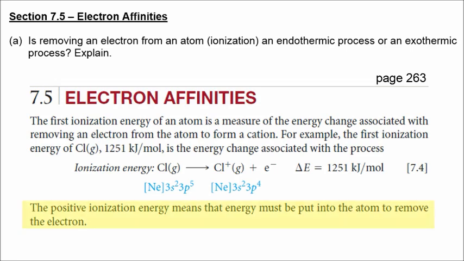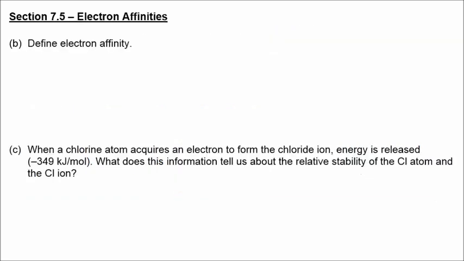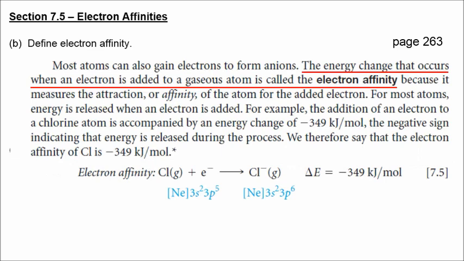So the positive ionization energy means that energy must be put in to the atom to remove the electron. But electron affinity is the opposite of that. We're not taking an electron away, we're actually adding an electron to an atom. So the electron affinity is the energy change that occurs when an electron is added to an atom.